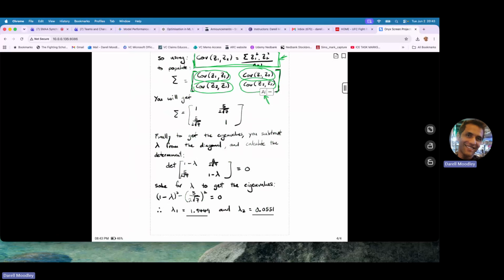If you do that, you'll get this matrix for my data: 1 on the diagonal, and these are the values on the off-diagonal elements. So this is my covariance matrix, which I represent by sigma.